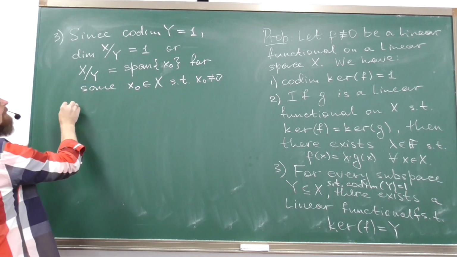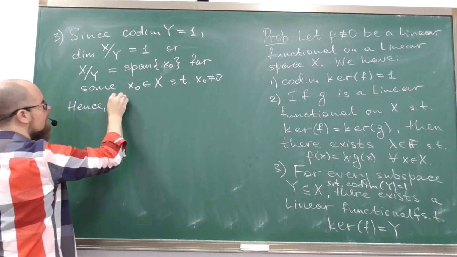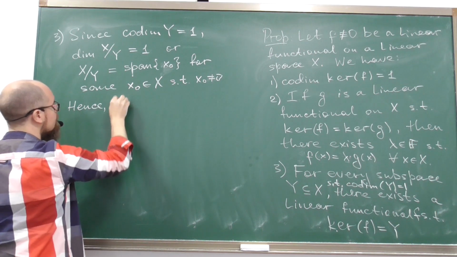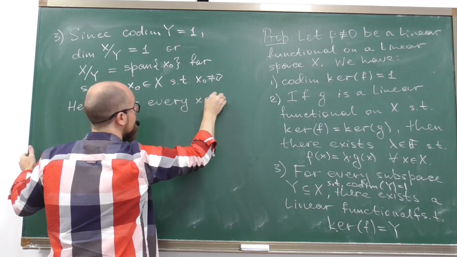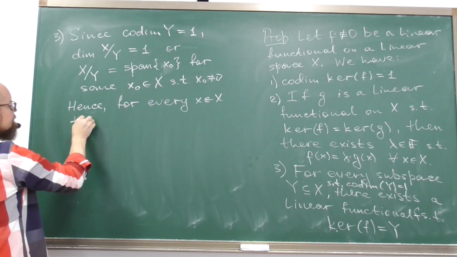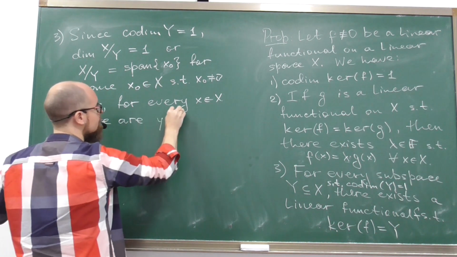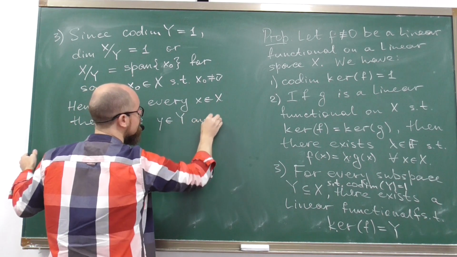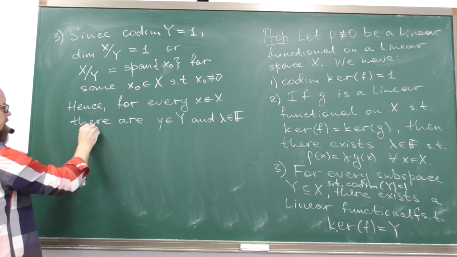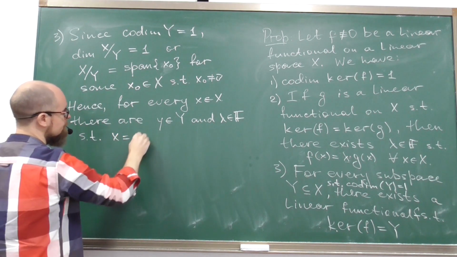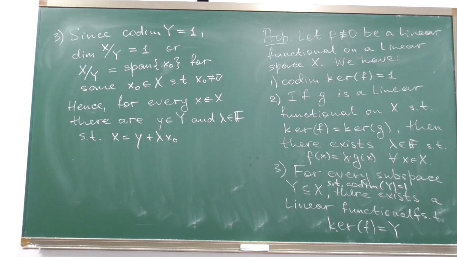In other words, for every x from X there are an element y from Y and a scalar lambda such that x equals y plus lambda x naught, and this representation is unique.